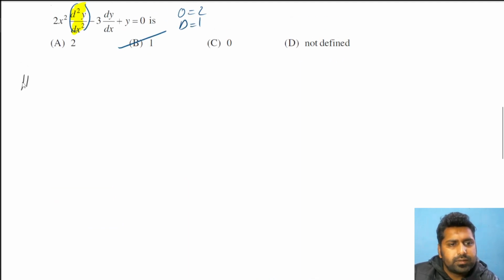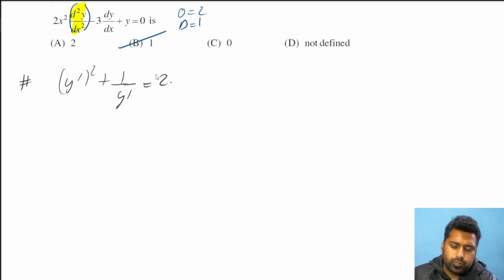Now my examples. I'll start with this: d square y by dx square. Sorry, I'll write in y dash, now it will be quicker like that. y dash whole square plus 1 upon y dash is equal to 2.